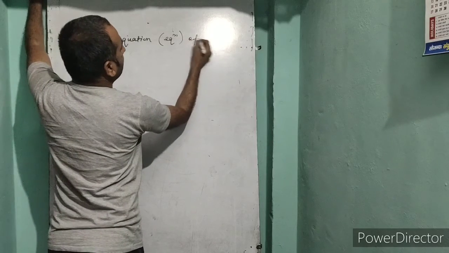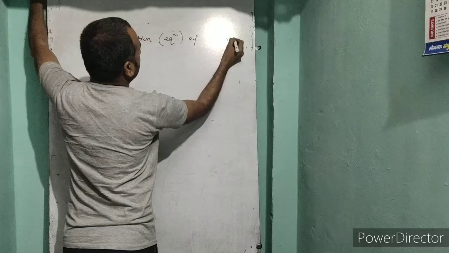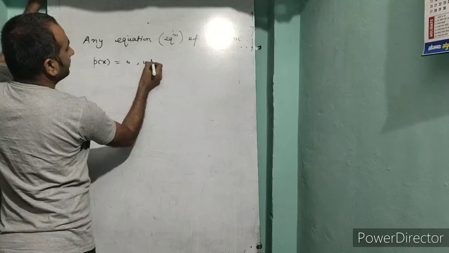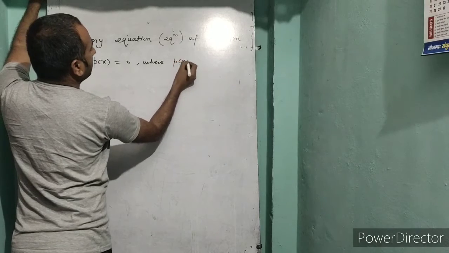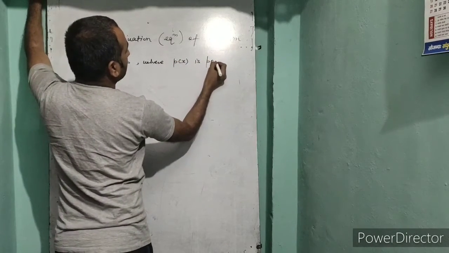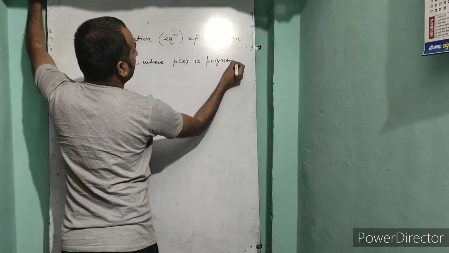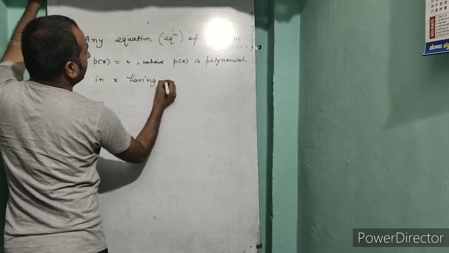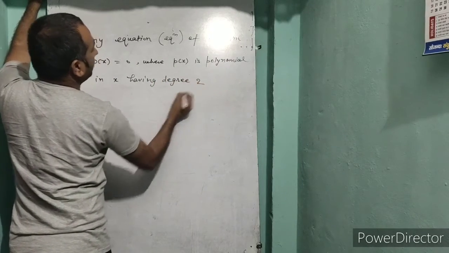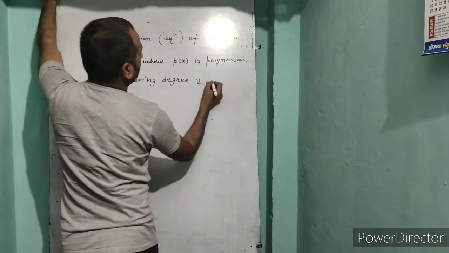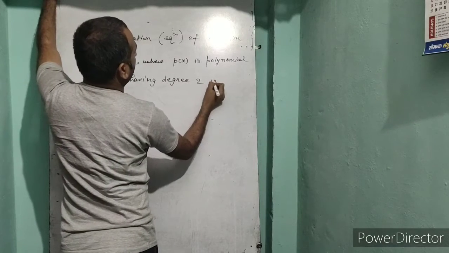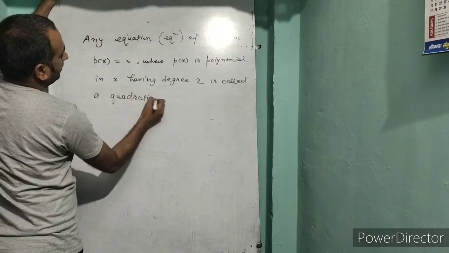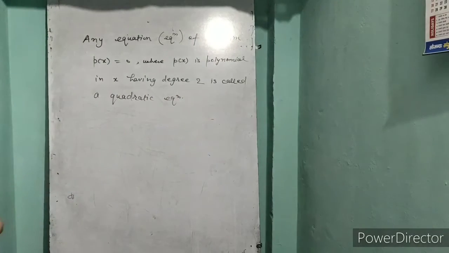Any equation of the form P(x) = 0, where P(x) is a polynomial in x having degree 2 is called a quadratic equation. Is it clear?